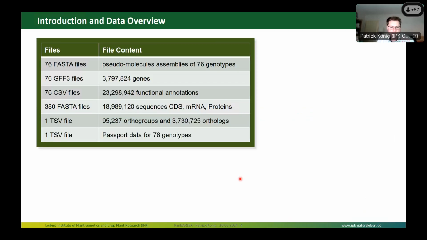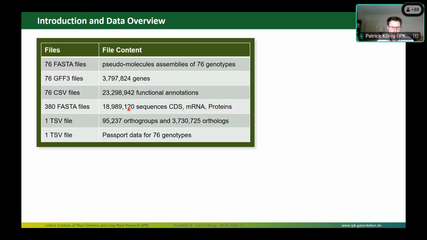And here I want to show you a bit about the amount of data in the Barley Pan-genome. So we have, as I said before, more than 600 binary files or text files with content, and we have comma-separated value files, for example, with the functional annotations.